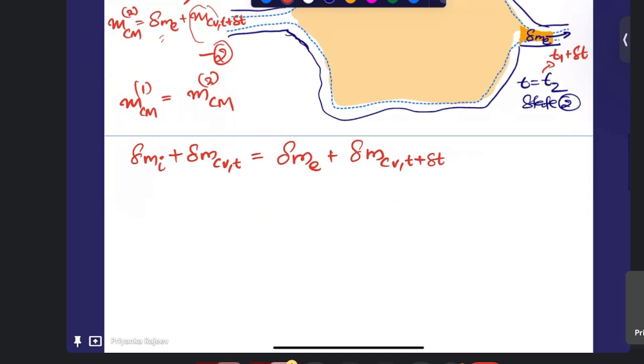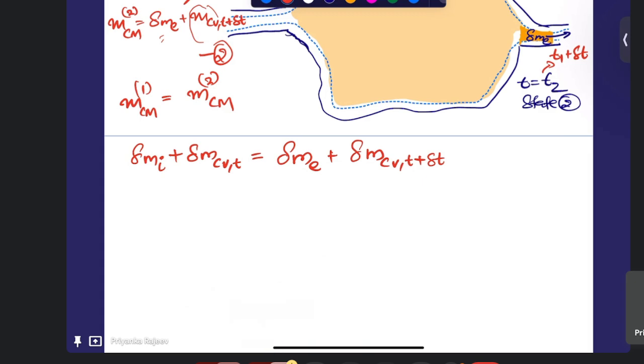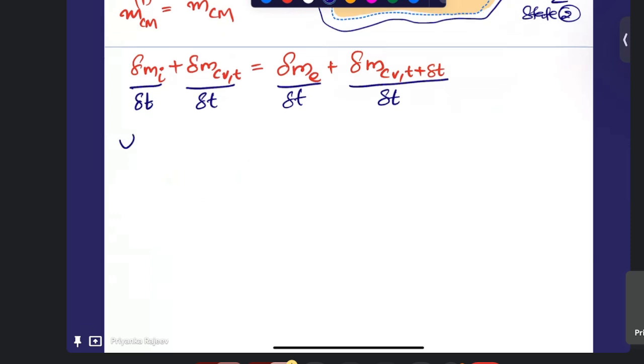So what will happen over here? I can rearrange the terms. I'm taking a limit with respect to time for all the terms. That means I'm dividing by delta t, the change in time, and then I'm taking the limit as delta t tends to 0.